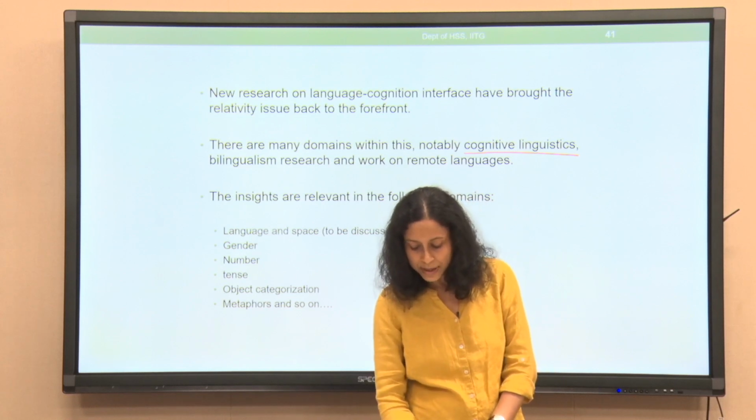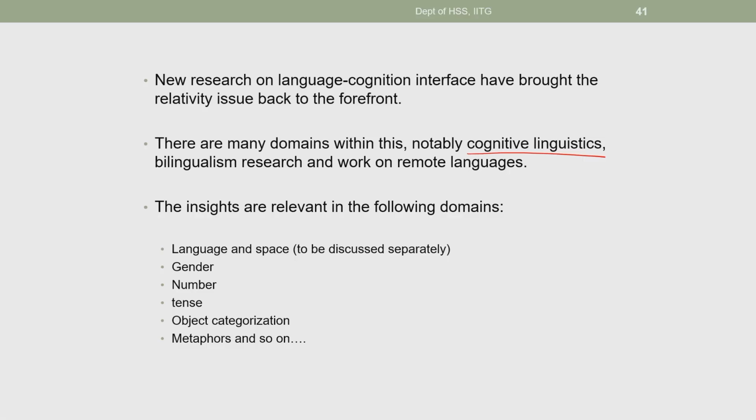There are many points of departure. One important field of linguistics that has looked into this issue in detail is cognitive linguistics. Simultaneously, bilingualism research in the last few decades has brought very interesting insights to the forefront about the relationship between language and the context in which that language is spoken, be it a first language or second language.